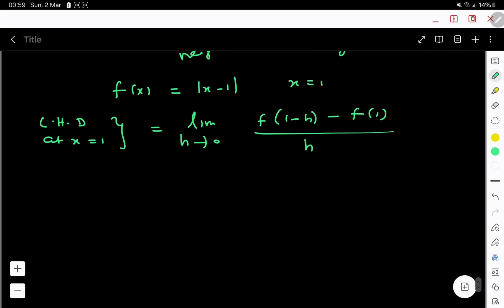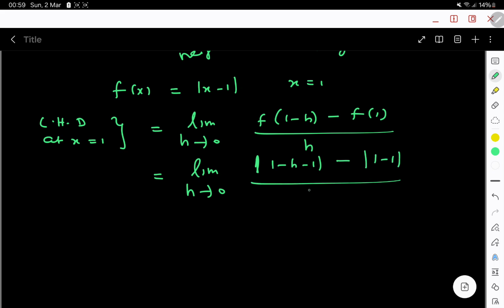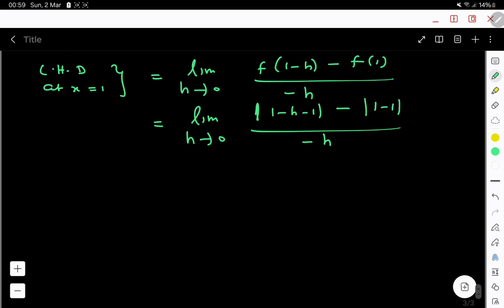So limit h tends to 0, f of 1 minus h means replace x by 1 minus h in the function. So modulus of 1 minus h minus 1. F of 1 means we put x is equal to 1 in the modulus function, 1 minus 1, divided by minus h. So plus 1 minus 1 get cancelled.